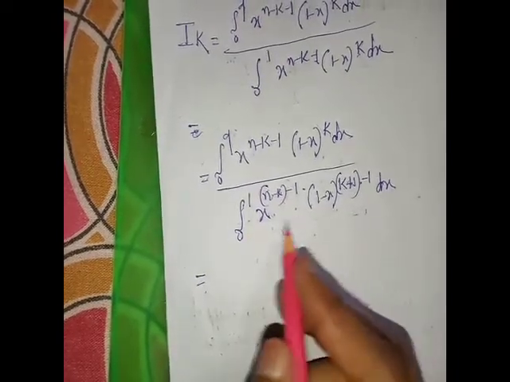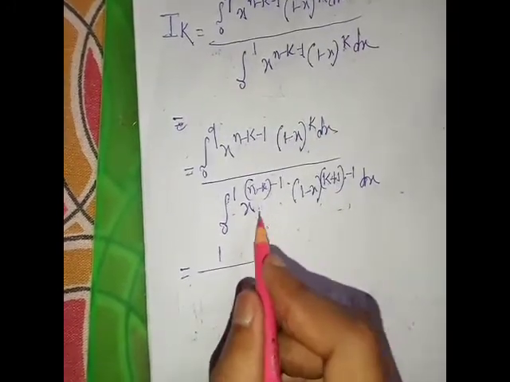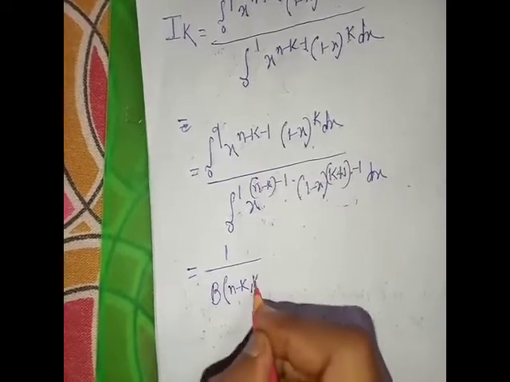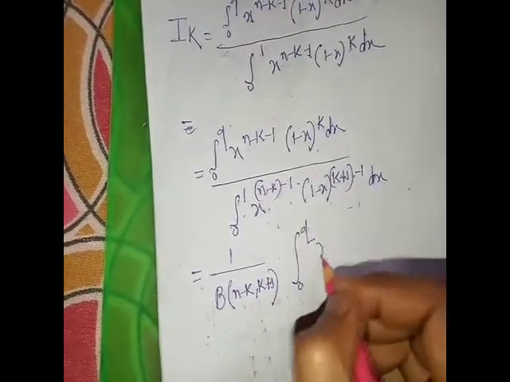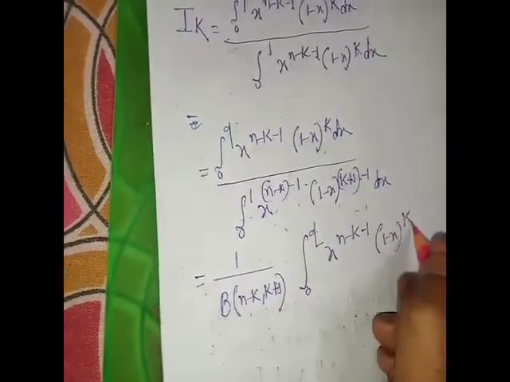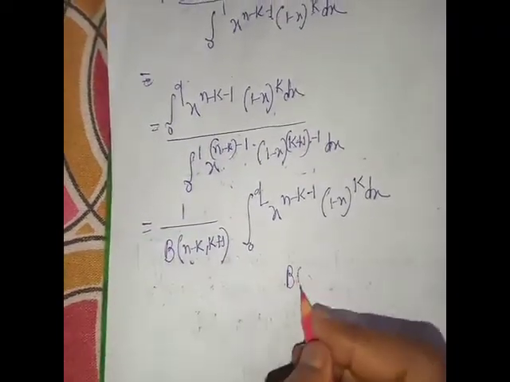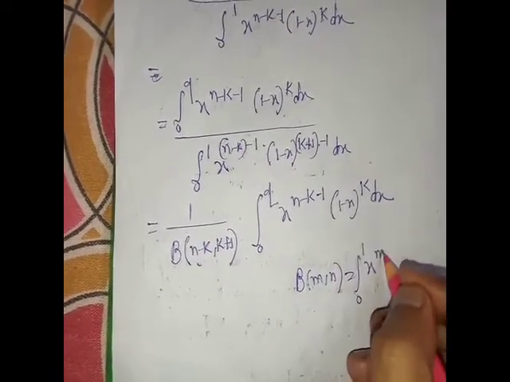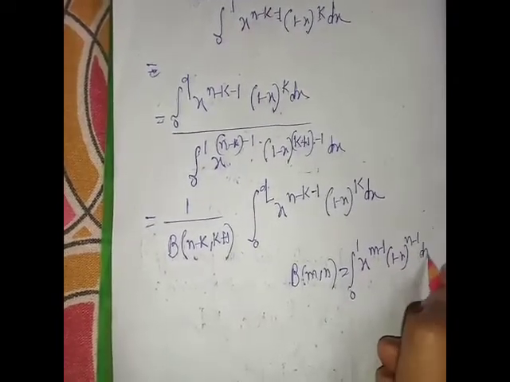So Ik is 1 over beta of n minus k comma k plus 1 times the integral from 0 to q of x to the power n minus k minus 1 times (1 minus x) to the power k dx, where beta(m,n) equals the integral from 0 to 1 of x to the power m minus 1 times (1 minus x) to the power n minus 1 dx.